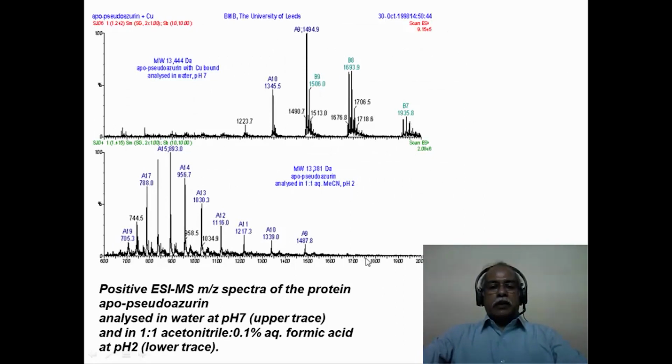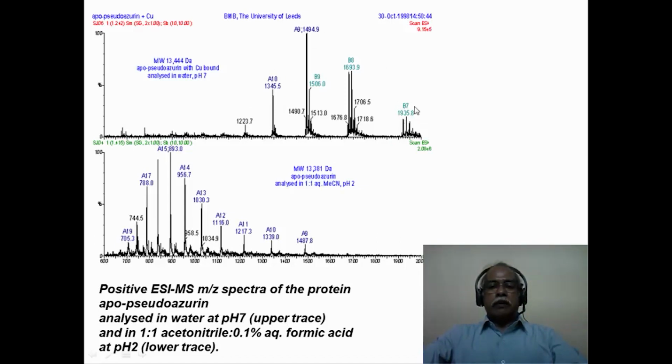Pseudoazurine is the name of the protein in this particular case. The electrospray ionization mass spectrum of positive charge is what is given here. It is analyzed at two different pHs. The top trace is pH 7, the bottom trace is pH 2. So essentially you are changing the acidity of the system in water. In the case of pH 7, which is a neutral pH, you have fewer charges on the apoprotein. This is 7 charged, 8 charged, 9 charged, 10 charged species.